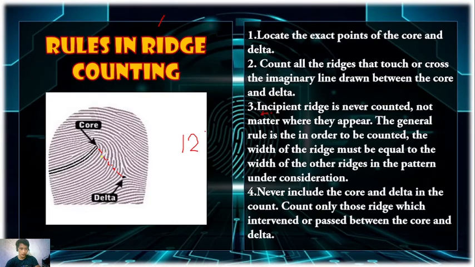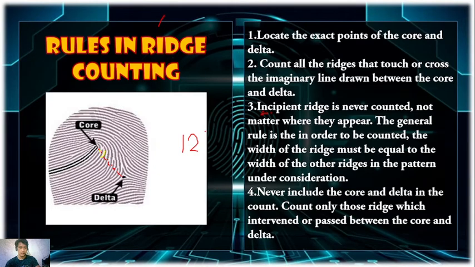So meron tayong nasagi niya. So anong gagawin natin? But in our illustration, it is not thicker, but the yellow ridge is symbolizing a thinner ridge than the surrounding ridges.